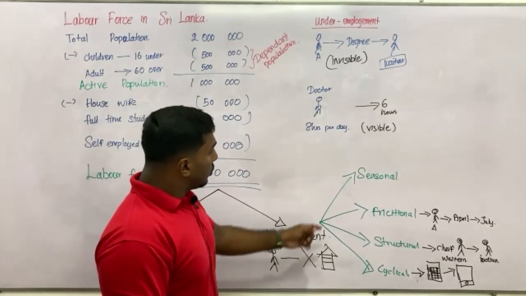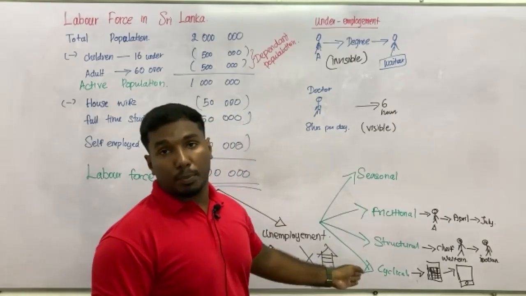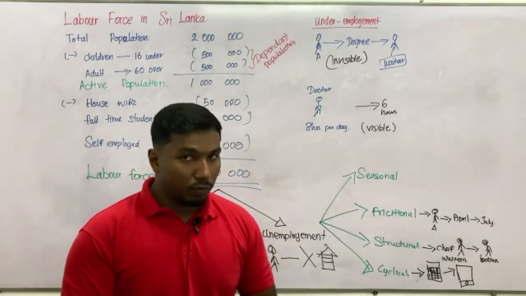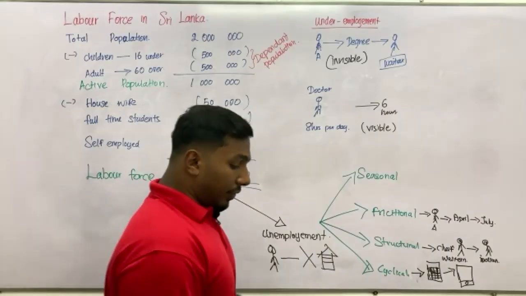So these are the four types of unemployment that we can have. Four varieties of unemployment, which is very important. If you can, please put 3 stars, because there will be a definite MCQ question in the 2026 paper.